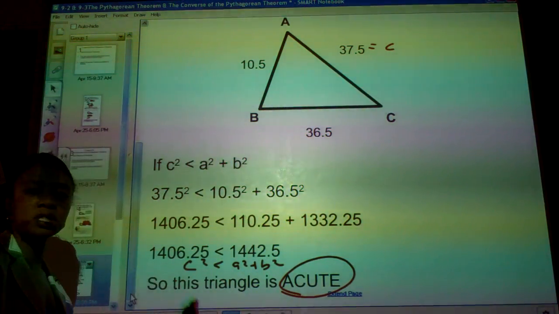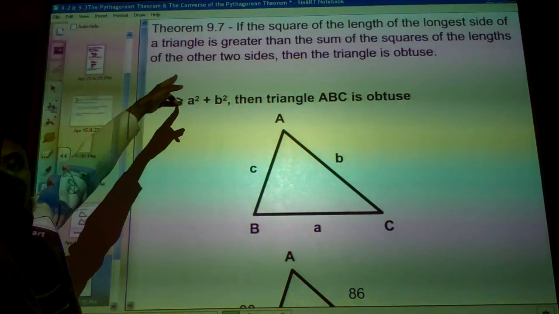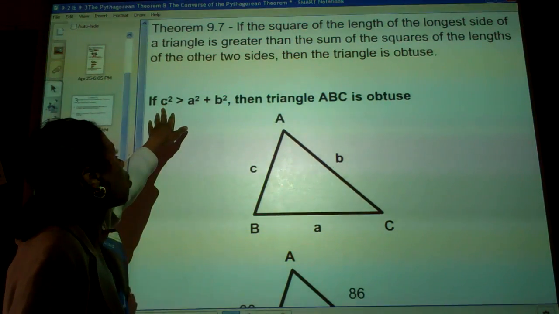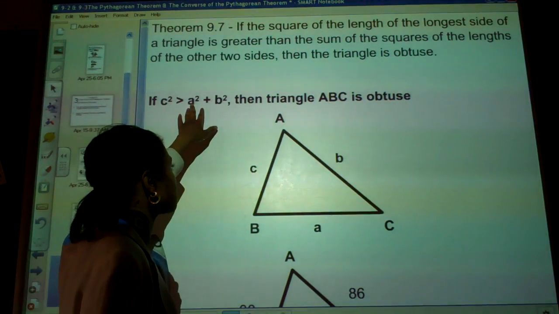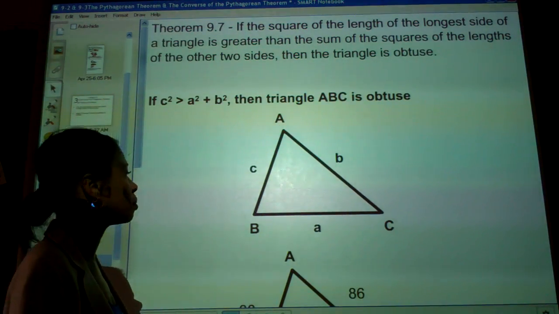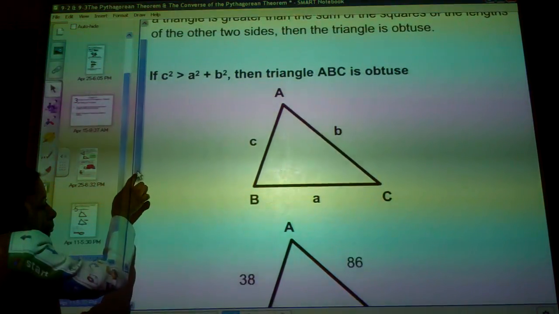Okay? And we can do the same thing to determine if the triangle is going to be obtuse, which is Theorem 9-7. If C squared, the longest leg, is greater than A squared plus B squared, then the triangle is going to be obtuse. And here's my example for that.